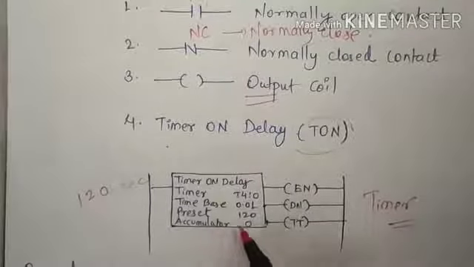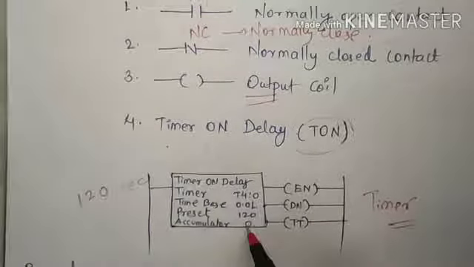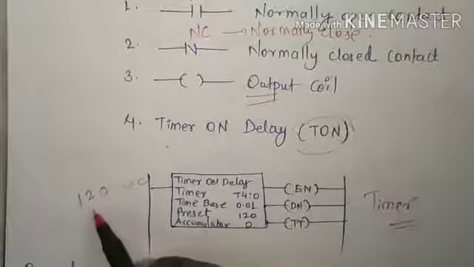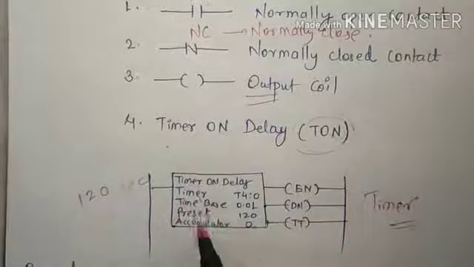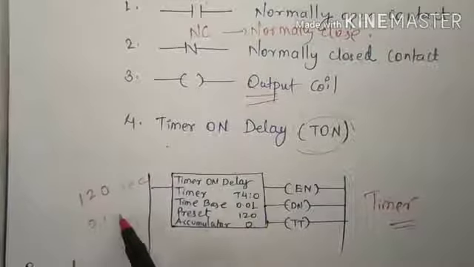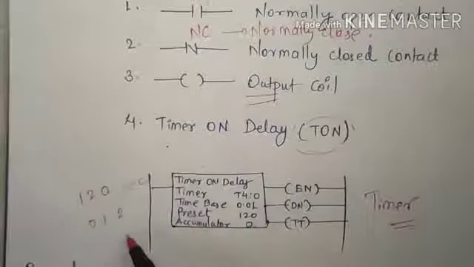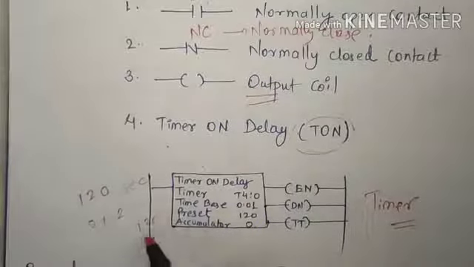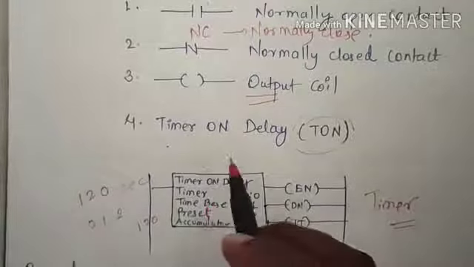Initially, at the initial position, the accumulator has 0, nothing. Once the timer starts, it will start counting 0, 1, 2, 3, 4, 5 up to 120. It will not go beyond 120.